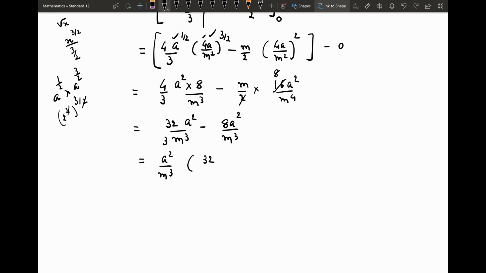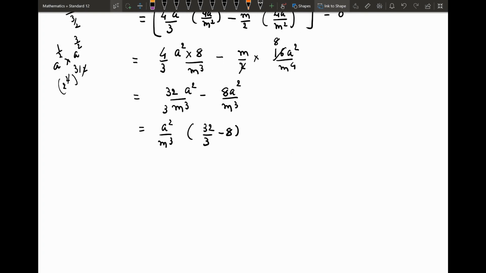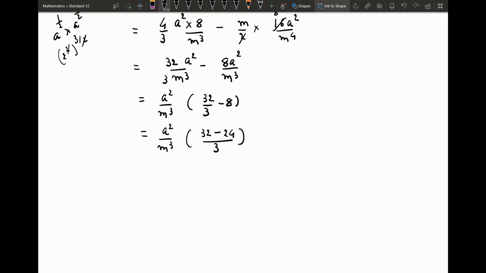So 32 by 3 minus 8 is (32 minus 8 into 3) by 3, that is 8 by 3. So the final answer will be 8a square upon 3 m cube square unit.